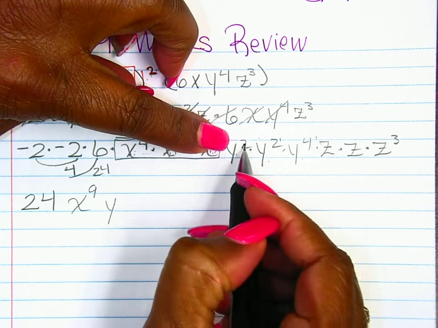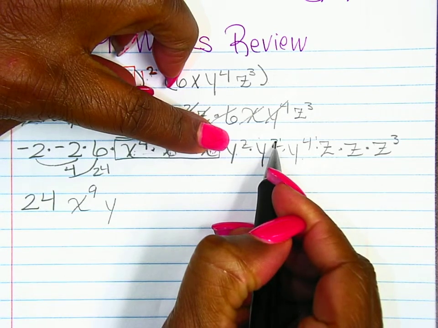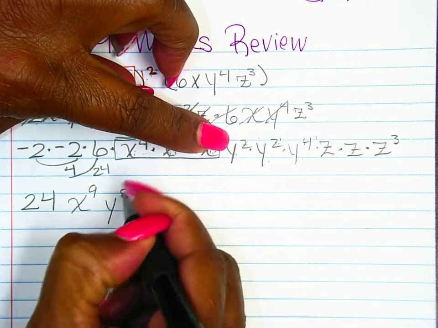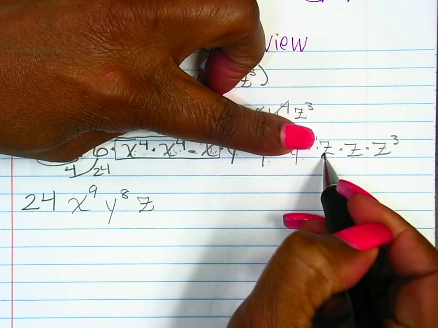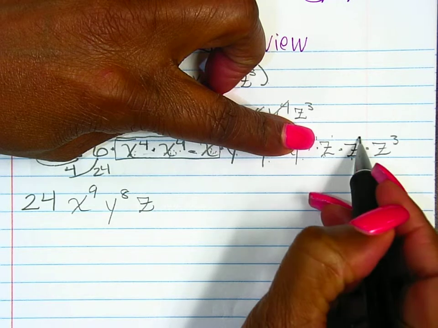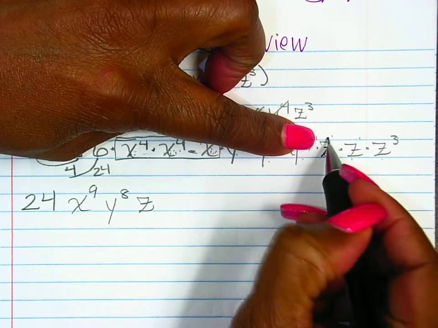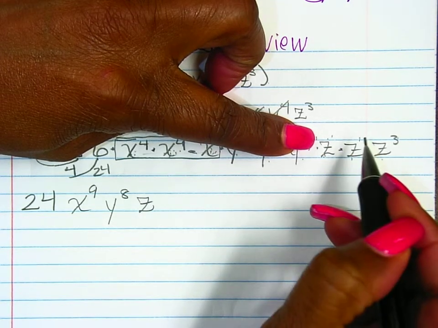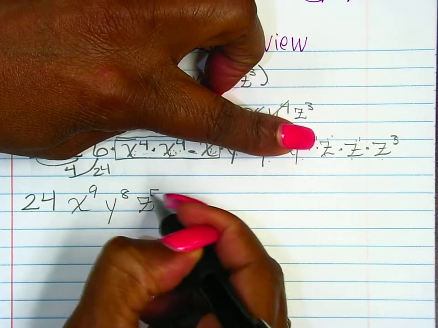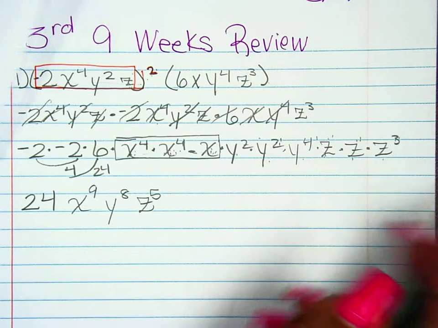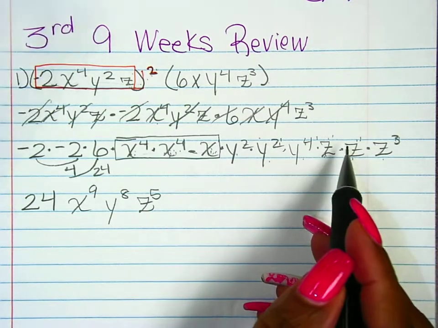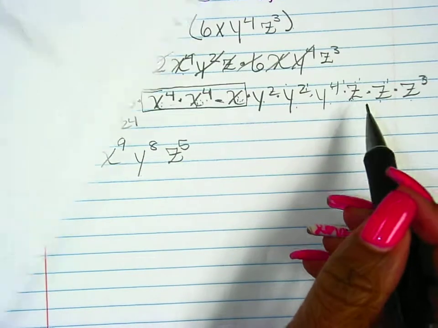Add the exponents. So 2 plus 2 is 4. 4 plus 4 is 8. Then we have z. We have z to the 1st times z to the 1st times z to the 3rd. So I have 1 plus 1, which is 2. 2 plus 3 is 5. Now, if you need to expand it out, go ahead and expand it. I didn't do it the long way, I guess you would say, because I didn't write all that. Okay? That is the first problem.